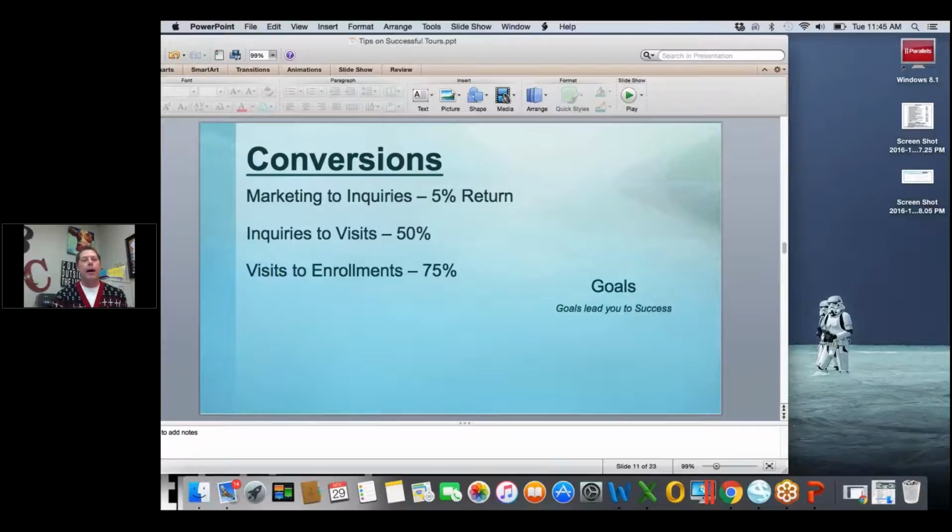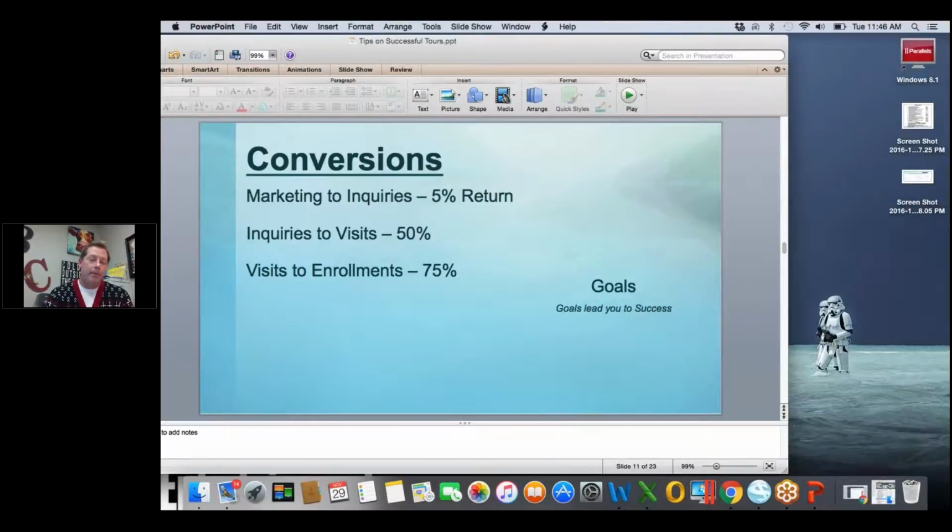I think that's a very generous goal, but we also want to be realistic. A lot of people that call us really don't know how expensive our services are, and they immediately get turned off by it, or some people don't even know why they're calling. But you want to sell them on the phone, and we're going to talk about that in just a little bit.